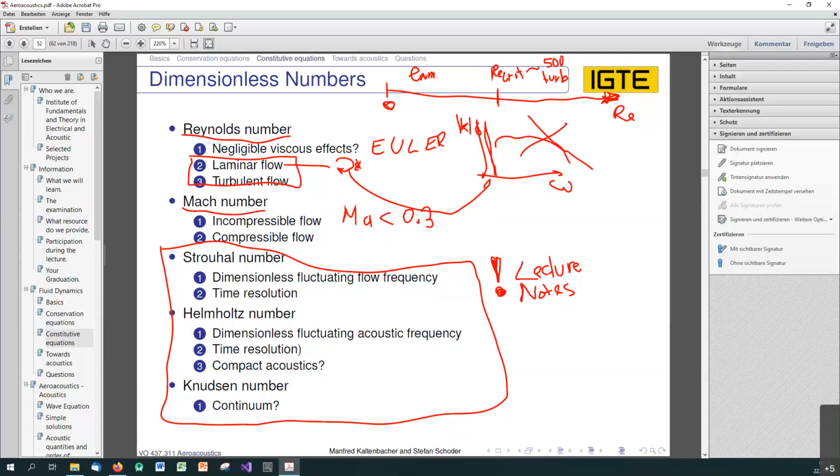Probably it's also 2000, but it doesn't really matter. Below you can use a laminar model, above you should use a turbulent model to describe it.